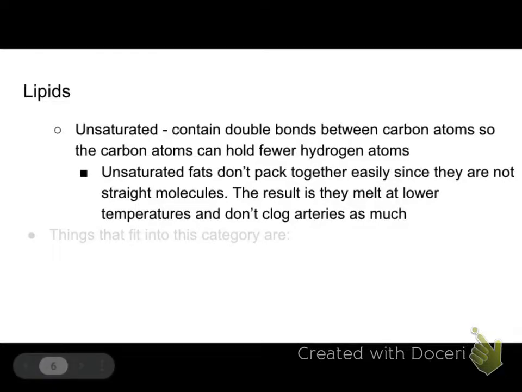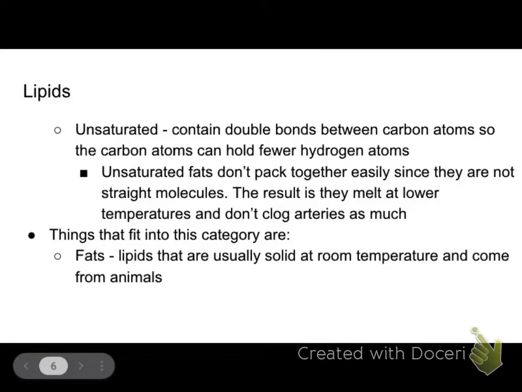Okay. Things that fit into this category are going to be fats, obviously. So fats are a type of lipid that are solid at room temperature, and they usually come from animals. So if you're thinking like the fat that you find on your steak or the fat that comes off of bacon when you cook it, that's a fat, because when you cool it down to room temperature, it's going to become a solid, and it is usually found from an animal product.